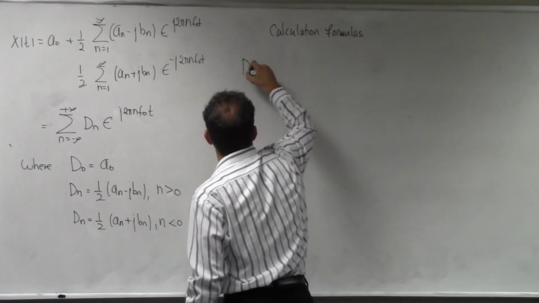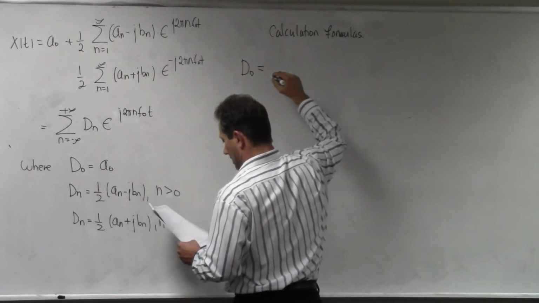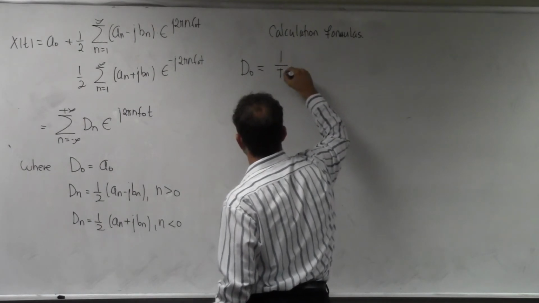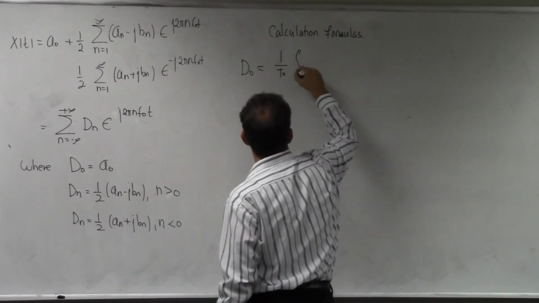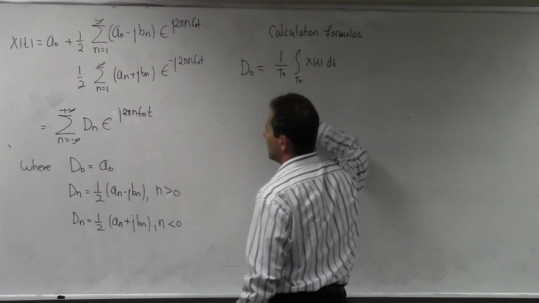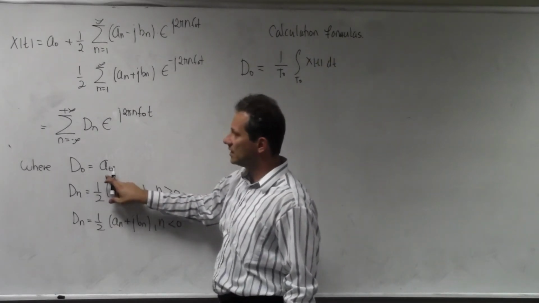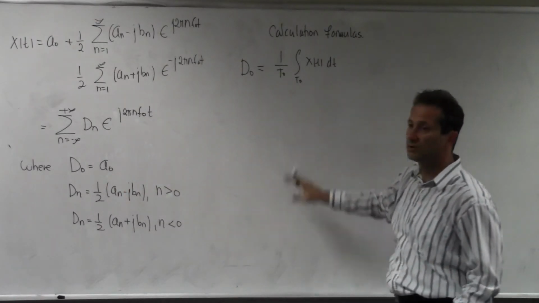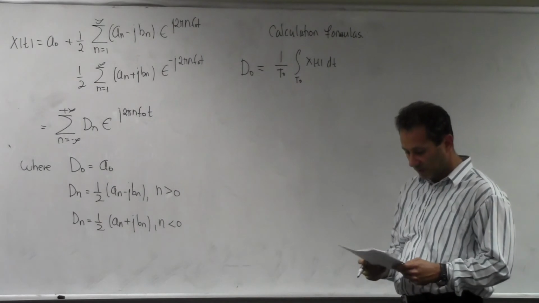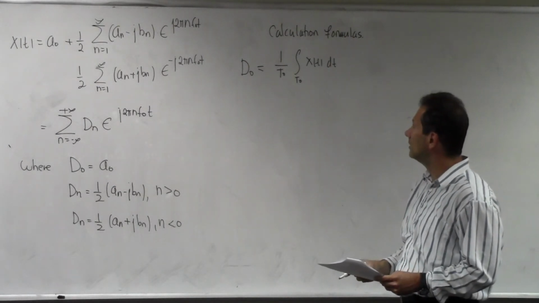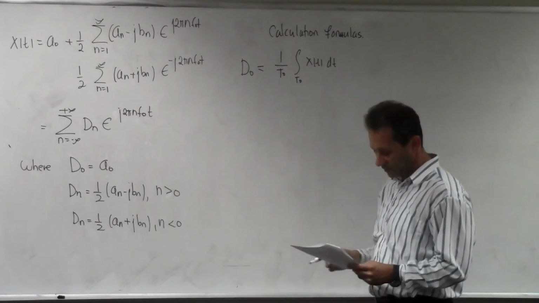For n equals 0, we get d0, and this is 1 over period T0, integral over T0, x of t dt. Why is that the case? You can see d0 is the same as a0. So the calculation formula that we use for a0 allows us to use it here for d0 as well.